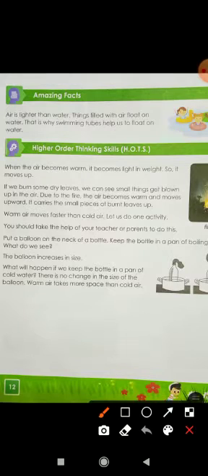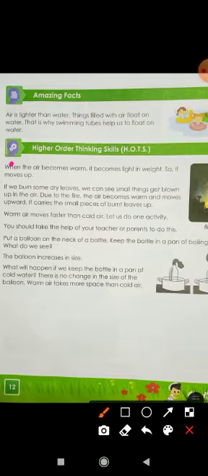So now I'm reading this part. When the air becomes warm, there is fire, right? So fire makes the air warm. So they are saying when the air becomes warm, it becomes light in weight. Okay, wherever there is fire, the nearby air will become lighter in weight.